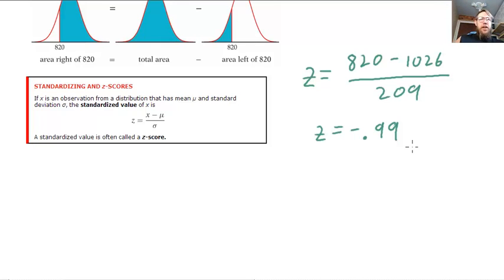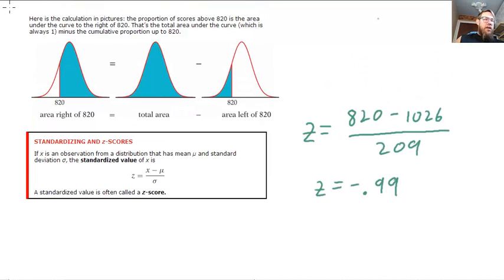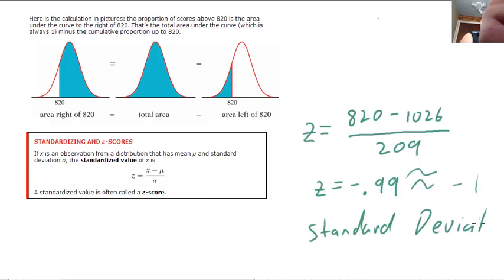So that's our standardized value. What that means is that the value 820 falls approximately, I mean, this is just about -1, so it falls approximately 1 standard deviation below the mean. That's what the z-score tells us.